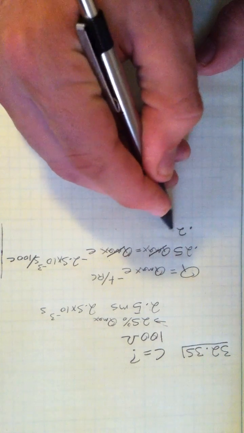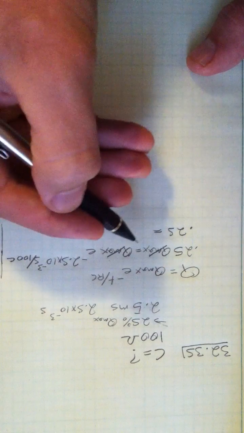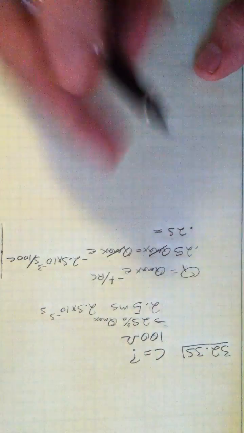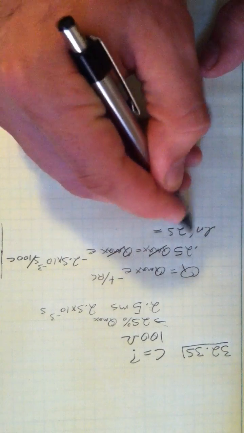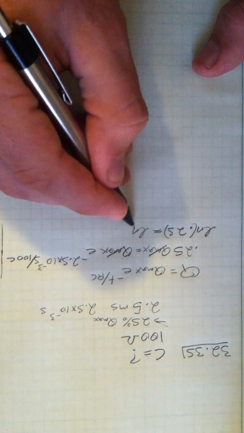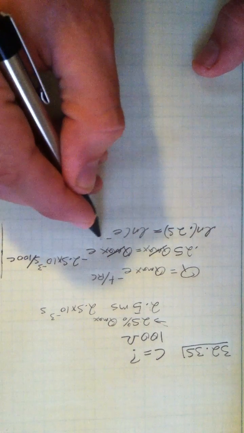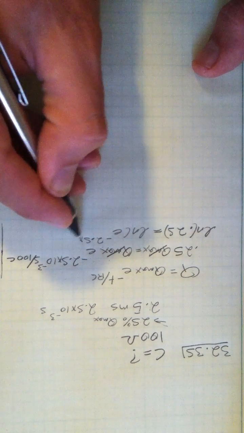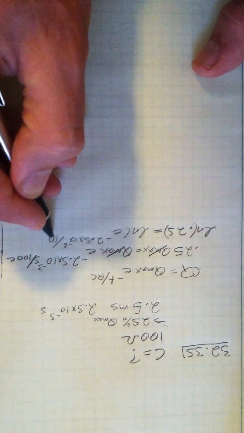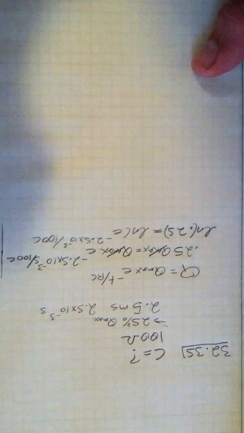So you have 0.25 equals e to the something. Well, how do we solve a number equals e to the something? You take the natural log of both sides. So let's do that. The natural log of 0.25 equals the natural log of e to the negative 2.5 times 10 to the negative third seconds over 100 ohms times the capacitance.